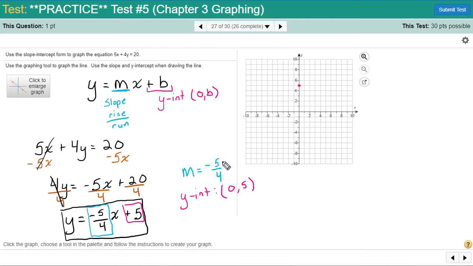Our rise over run in this case says to first drop by 5 units and then run to the right 4 units. So let's fall 5 units, 1, 2, 3, 4, 5, and then run to the right 4 units, 1, 2, 3, 4. So there's where our next point lives, and of course if we were graphing these by hand, we would take a straight edge and connect those two ordered pairs. So that's what our line is going to look like.